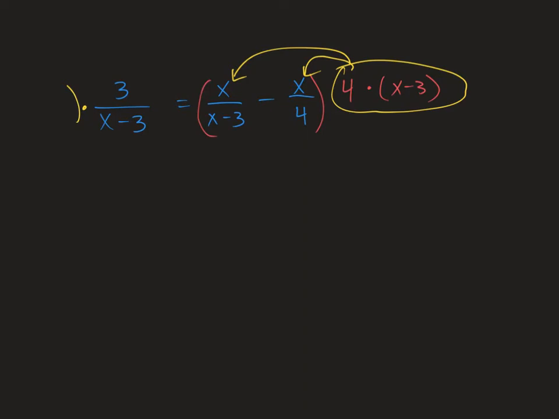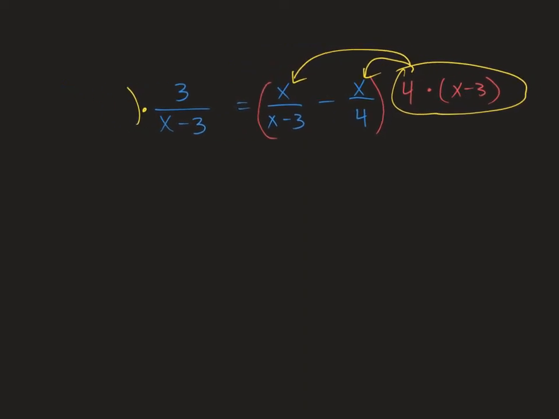I wish that I left myself a little bit more space. We've got to multiply by 4 times x minus 3, and that's going to be multiplying by that stuff.